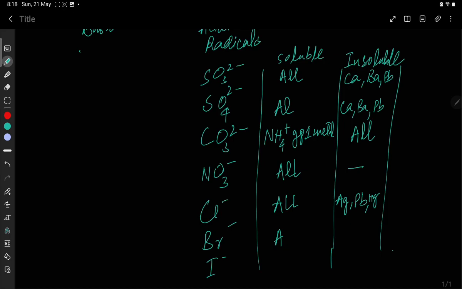All bromides are soluble except silver, lead and mercury. And all iodides are soluble except silver, lead and mercury.